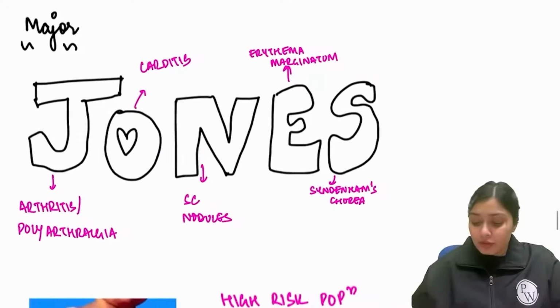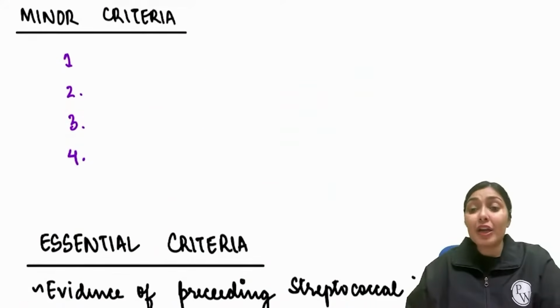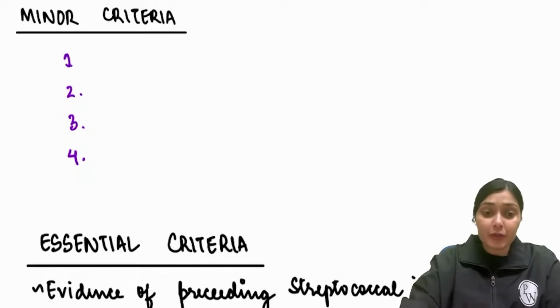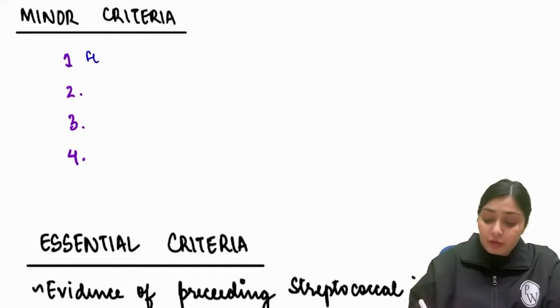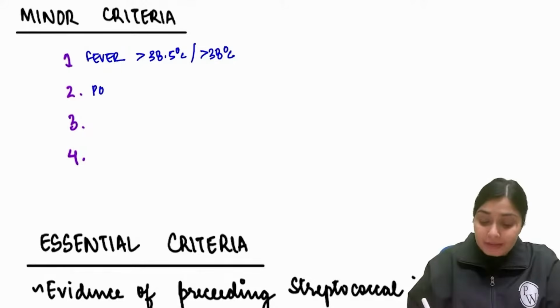Right? Now let's talk about the minor criteria. In minor criteria, firstly we have fever, more than 38.5, more than 38, right? Then we have polyarthralgia, monoarthralgia.